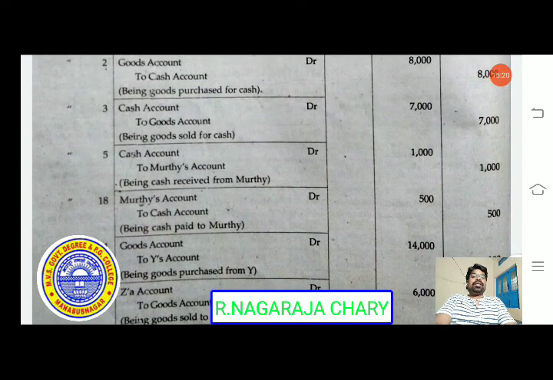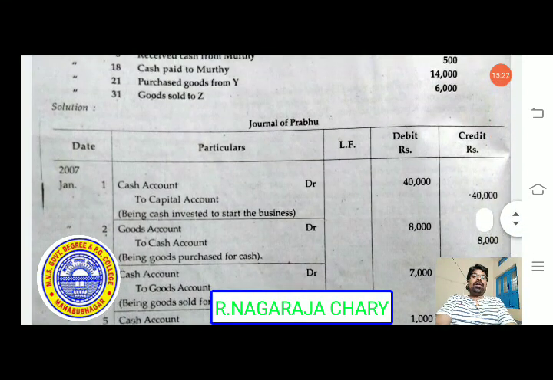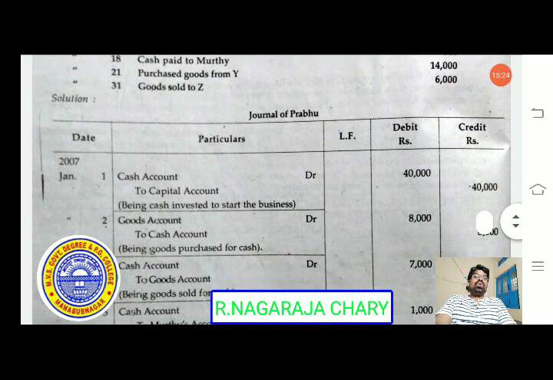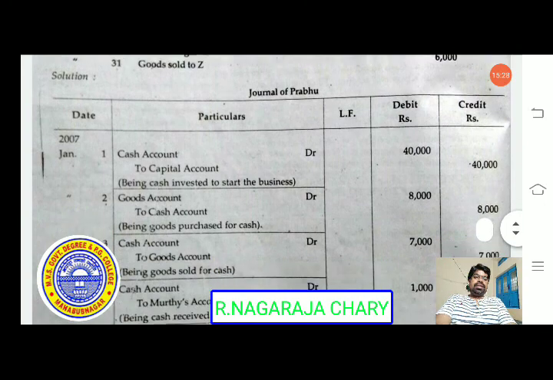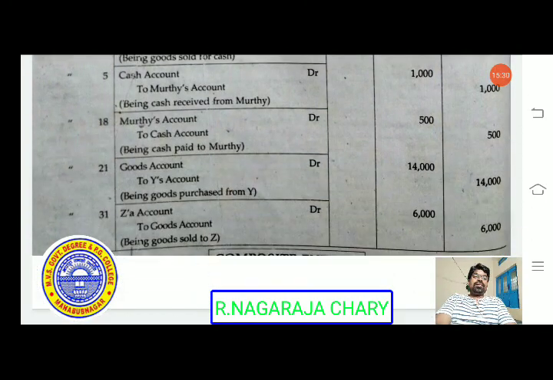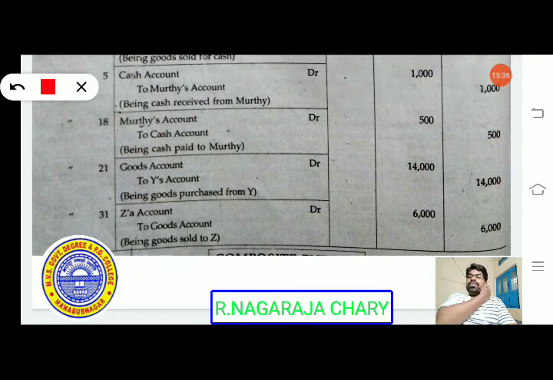Next we see the last one, that is goods sold to Z, that is 6,000 rupees. So, here we are selling goods to Z. So, Z account debit to goods account.